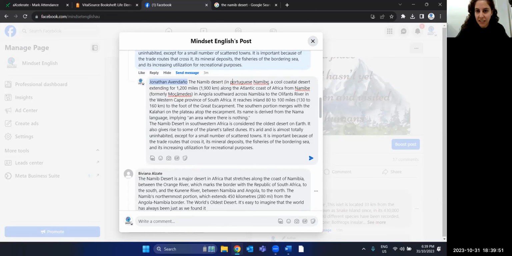In Portuguese, Namib is a cool coastal desert extending for 1,200 miles, or we could use kilometers, because in Australia we use kilometers, not miles, along the Atlantic coast of Africa from Namibia, formerly Angola, southward in the west of South Africa. It reaches inland 80 to 100 miles. So again, I'll put the Australian units.